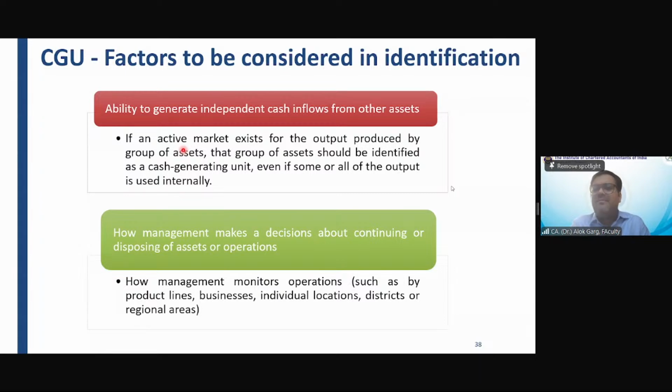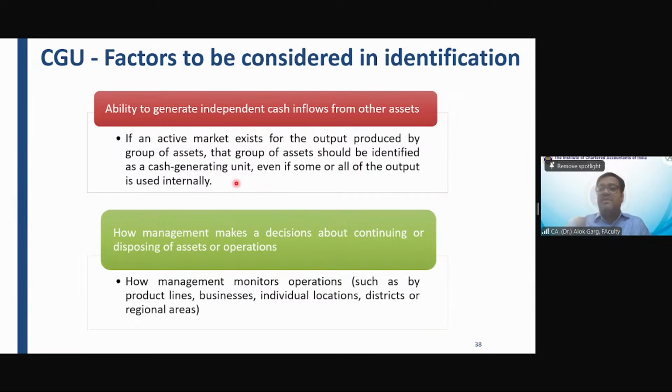The fact that the outputs are used internally does not mean that machines are not able to generate cash flows independently. So if an active market exists for the output produced by a group of assets, that group of assets should be identified as a cash generating unit, even if some or all of the output is used internally.